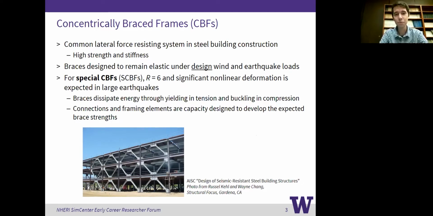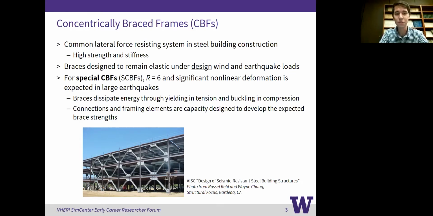So the braces in effect are designed to prevent their buckling under those design wind loads and the earthquake loads computed starting from the maximum considered risk-adjusted earthquake, multiplying by 2/3 and then dividing by the R factor of 6 for special concentrically braced frames. It's that final demand that we're designing for.